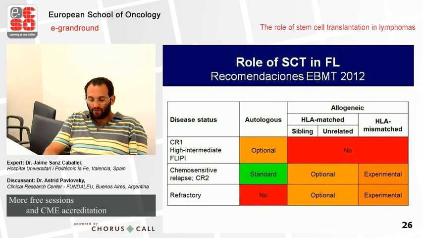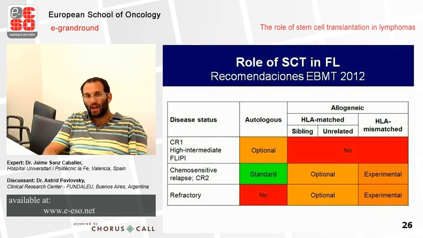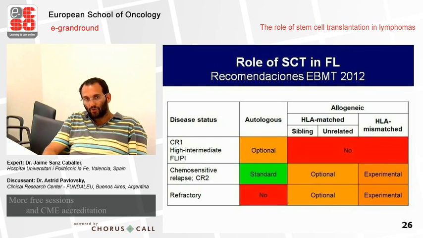Patients with follicular lymphoma are normally not considered candidates for autologous transplant as first-line therapy. Autologous transplant remains the standard approach for early relapsing patients with follicular lymphoma. Results of autologous transplant in truly refractory patients are poor.